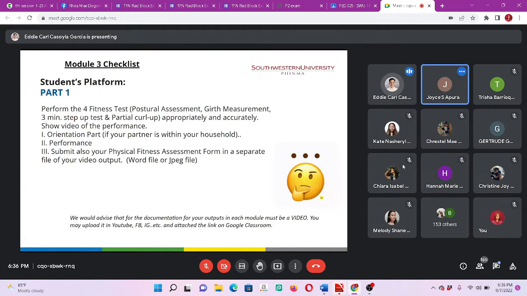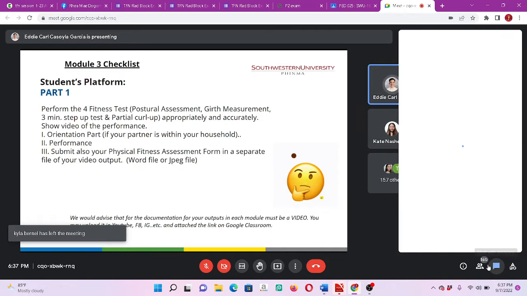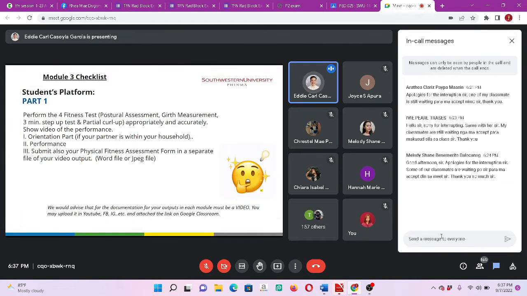Okay, so now let me present the next one, part 2. Part 2 is all about your exercise prescription for cardio and strengthening. Before you can formulate or design your exercise prescription, you must know first what are the components of exercise training sessions, para ta maka-formulate og exercise prescription.